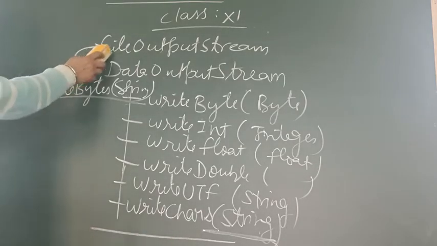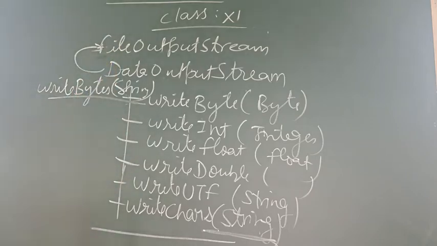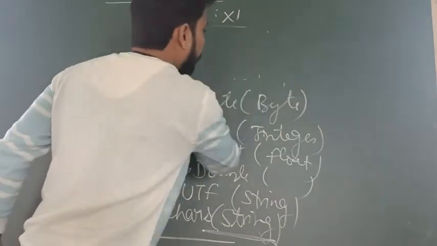Is it clear? Only these two classes, the file output stream and data output stream, are used in our program for binary files. So let's start our program.